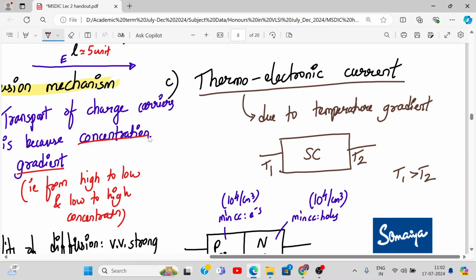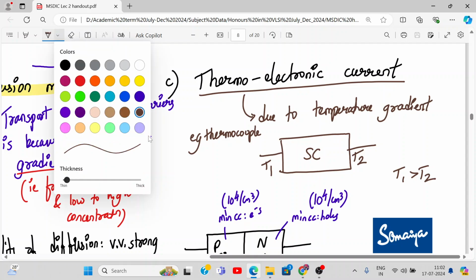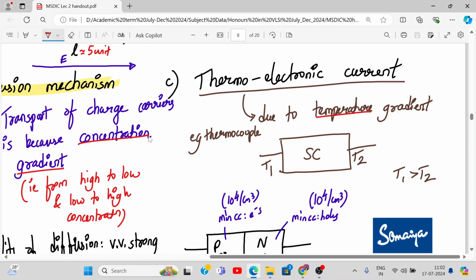The example would be a thermocouple. So there can be situations where the temperature at different places in the semiconductor is different, and the current flowing due to the temperature gradient is called thermoelectric current.